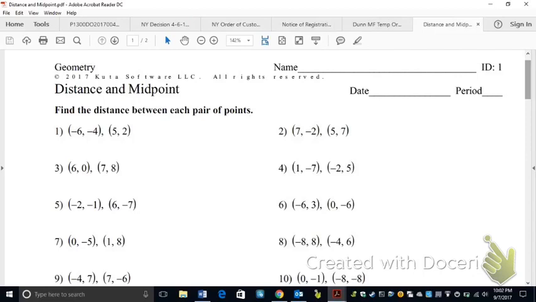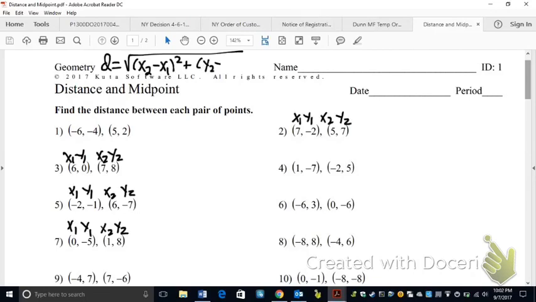So, as always, if I were you, the first thing I'd do is write down the distance formula right there up top. Distance equals the square root of x2 minus x1 squared plus y2 minus y1 squared. I would then go through the entire page and mark all of the sets of numbers as x1, y1, x2, y2.